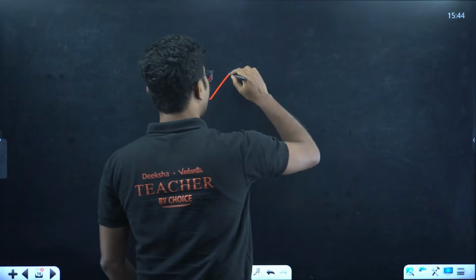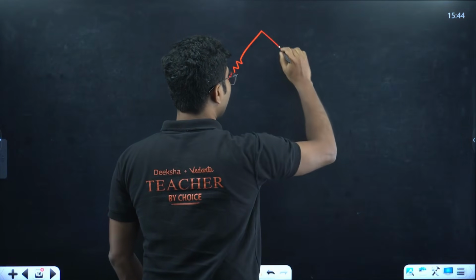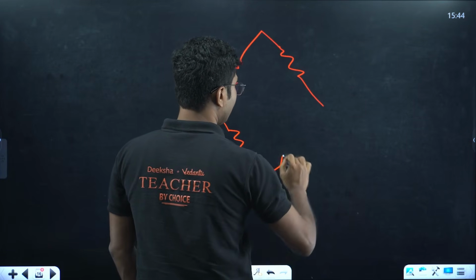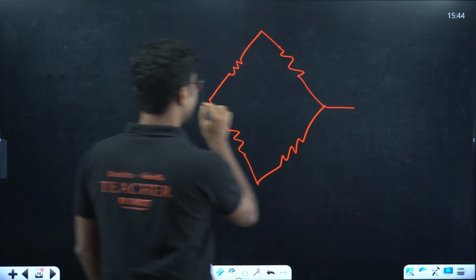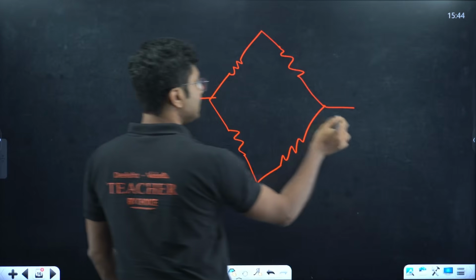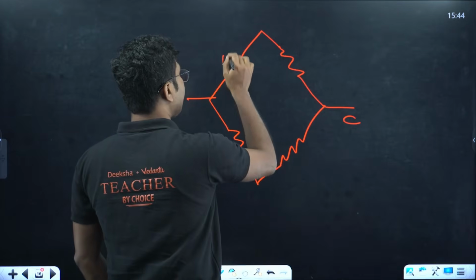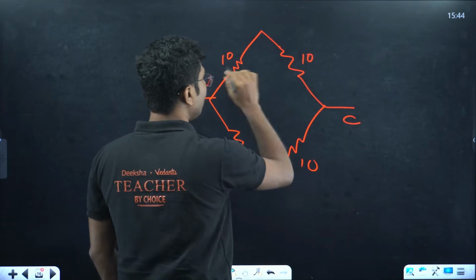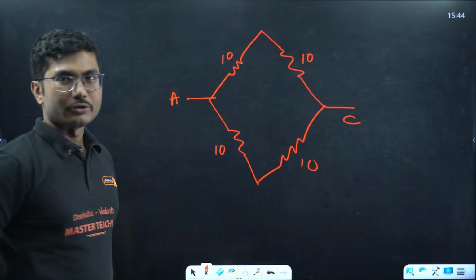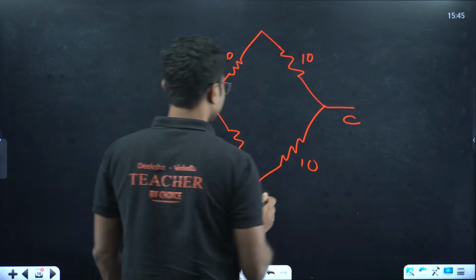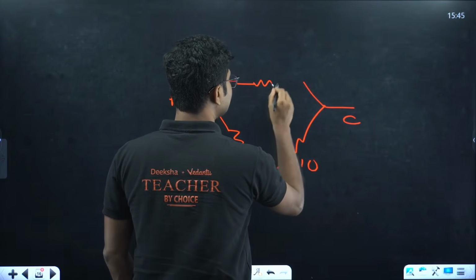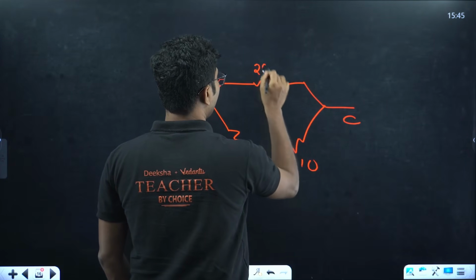So where we have a 10 ohm here, a 10 ohm here, a 10 ohm here, and a 10 ohm here. So this is my A, this is my C. Two 10s are in series, so their equivalent resistance will be 20 ohm.